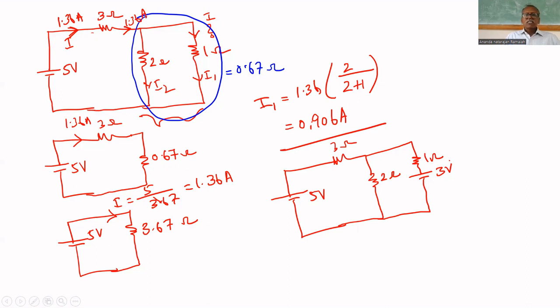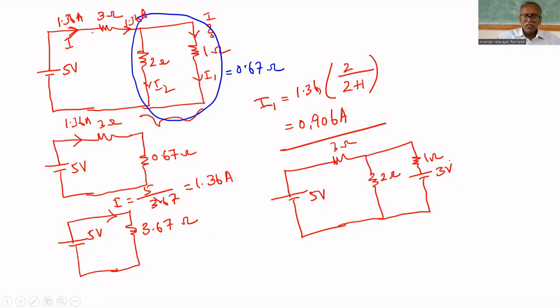No, because two sources are there. Because two sources are there, we can go for the superposition theorem, or KVL or KCL, and solve. We cannot solve this by the equivalent resistance method. We can use the equivalent resistance method only if one source is there. Do you understand this? Otherwise, we have to apply some theorem, KCL or KVL.